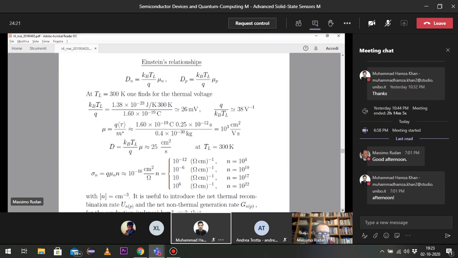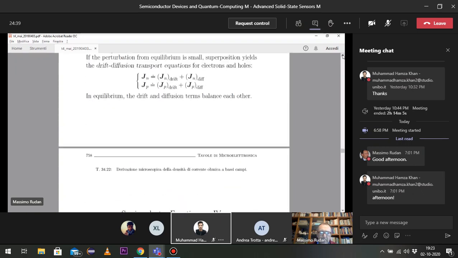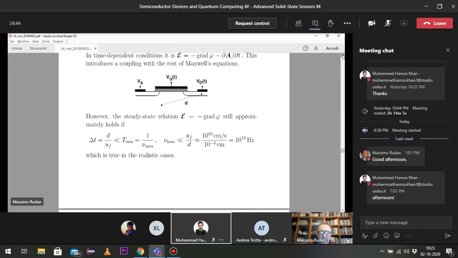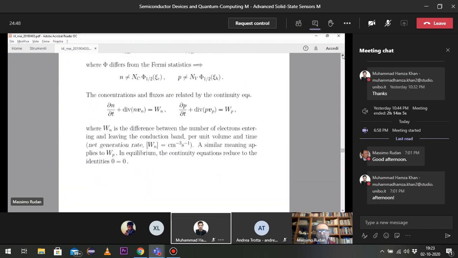To continue this discussion about the model that describes transport in semiconductors, it is convenient to distinguish some symbols, okay? You remember at some point yesterday, we split the global continuity equation into two continuity equations.